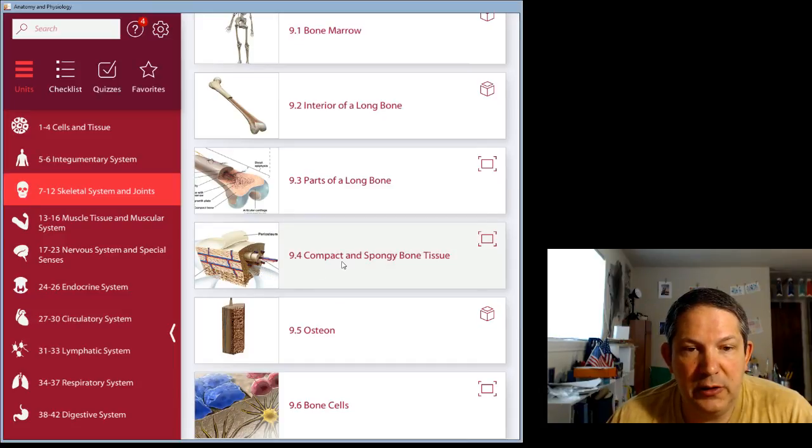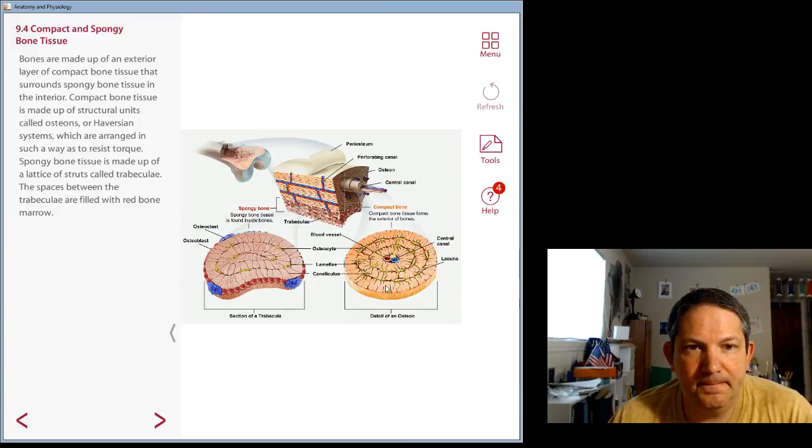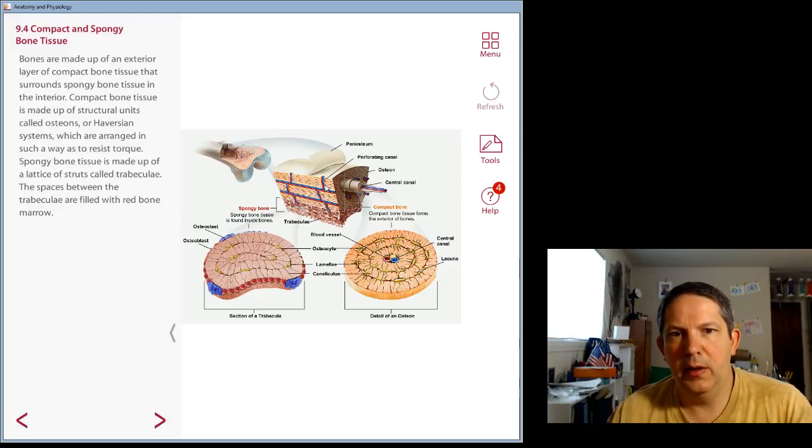Compact versus spongy bone. So let's see, where should we start? There's the periosteum. Here's a little perforating canal, these little holes where the blood vessels can move in and out. You'll see an arrangement of rings, and I hope this is showing up okay.